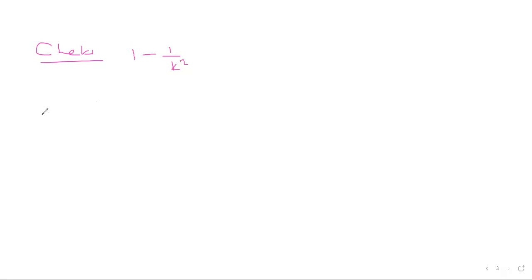So let me start with 2. If the number is 2, what is our percentage? You can multiply by 100 if you want, or leave it as a proportion. So this is 1 minus 1 over 2 squared. So this is 1 minus 1 over what? Yes, 4.